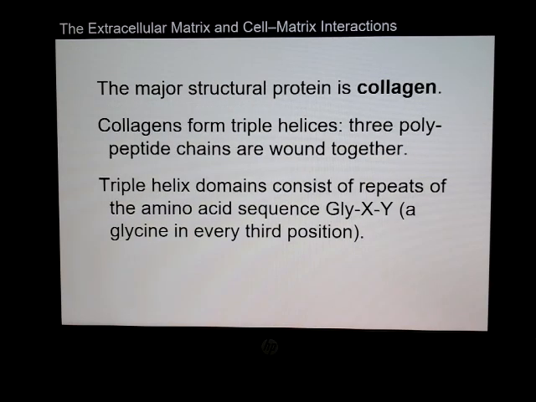So please know that the major structural protein is collagen, and it forms triple helices, and there are different domains, guys, that have repeats of the amino acid sequence Gly-X-Y, with glycine in every third position.